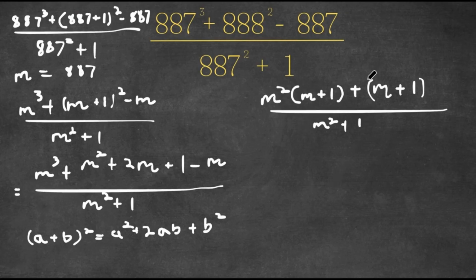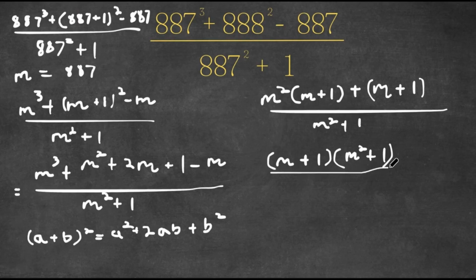And now if we added these two, this would equal m plus 1 times m squared plus 1. All I did was factor out m plus 1. This is divided by m squared plus 1.